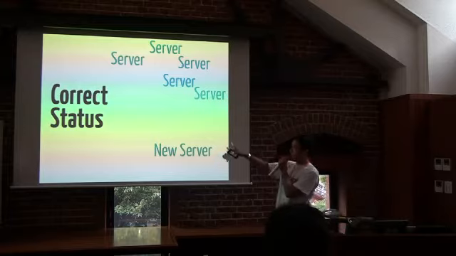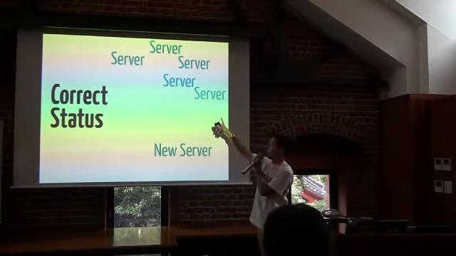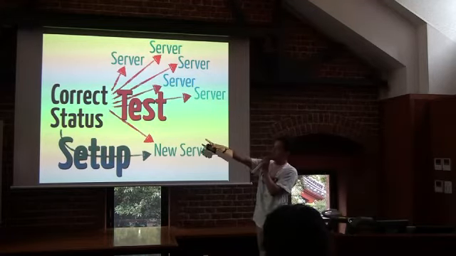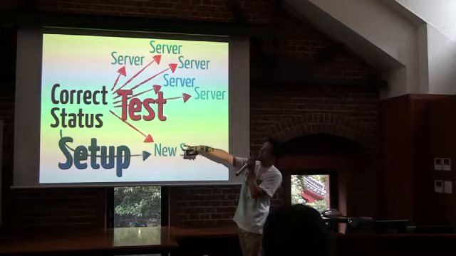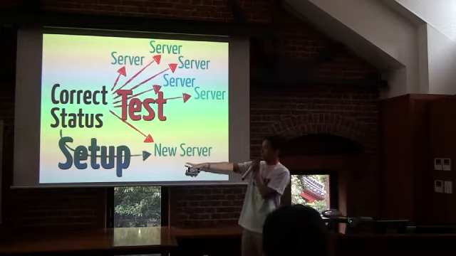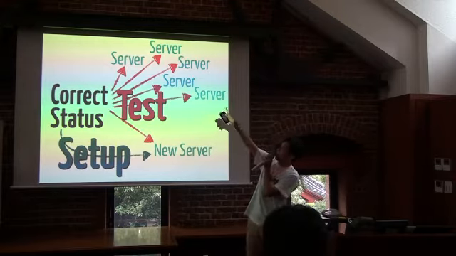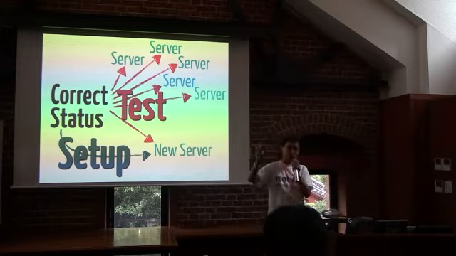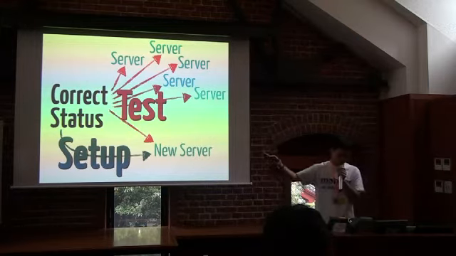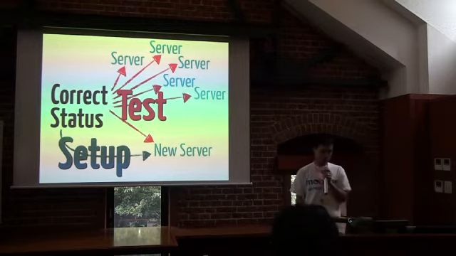So you have many servers and you want to add new servers to this cluster, and you use the described correct status to set up and test. So is the current server's configuration correct or incorrect? So you use this correct status for setup and test.